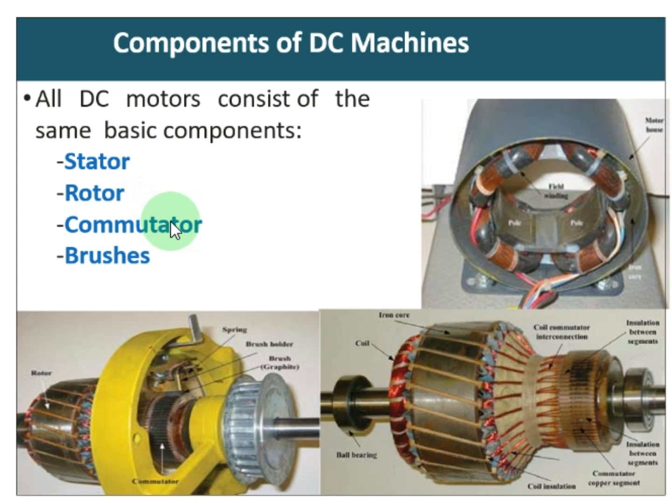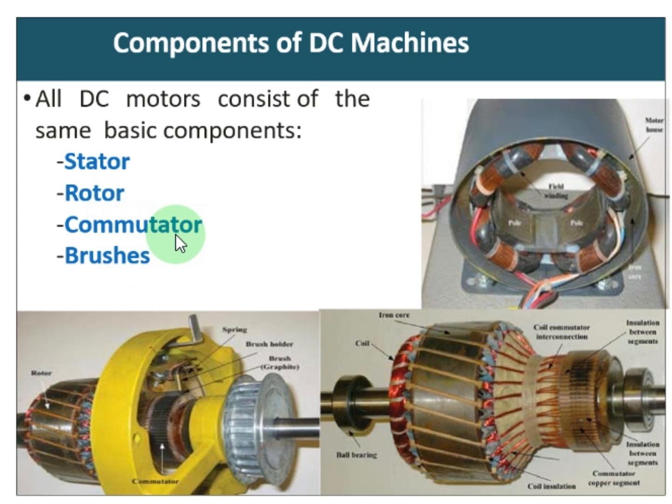Commutator is a special kind of device which is used to interchange the directions of the current supply or current generated. The directions will get automatically changed due to the commutator. And then we use brushes to give power to the rotating component, that is the armature. So they are called brushes.